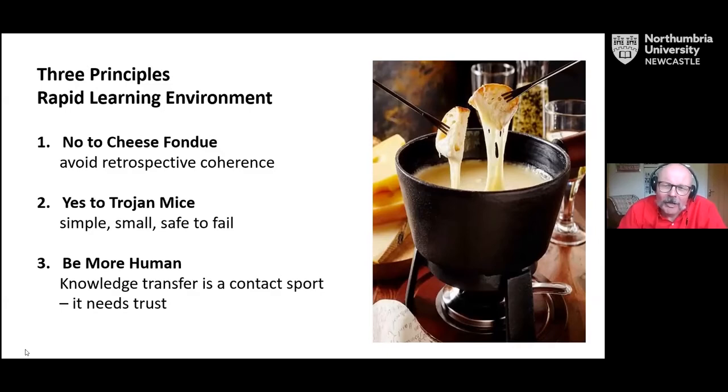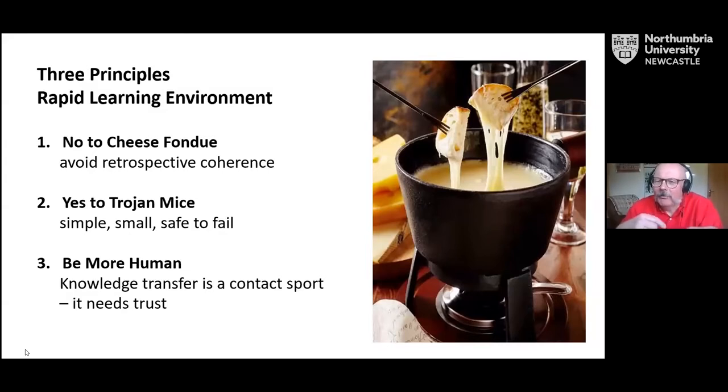But the point they made was that in lots of post-project reviews, it's basically the fondue. All those slices of cheese get thrown in, mixed up, you gloop it around, and out comes this hot, burny bit of cheese that you try to consume. And actually, what do you get out of those lessons? They're gloopy, they're quite often generic, and they don't fit with what really happened. And it's a really interesting metaphor for retrospective coherence.